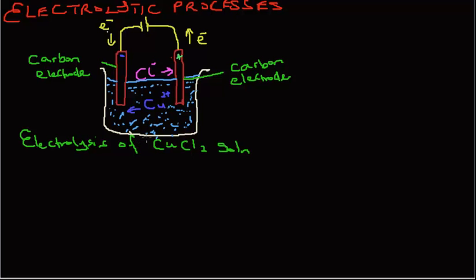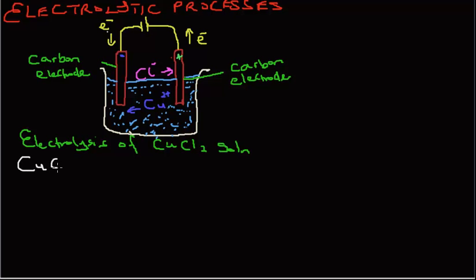In this case, our copper(II) chloride is dissolved in water, and then a current is passed through the solution. When copper(II) chloride is dissolved, it dissociates into its ions. So let us see what's happening.